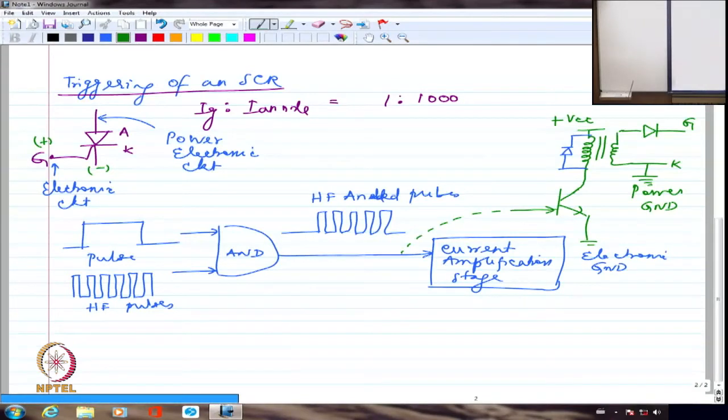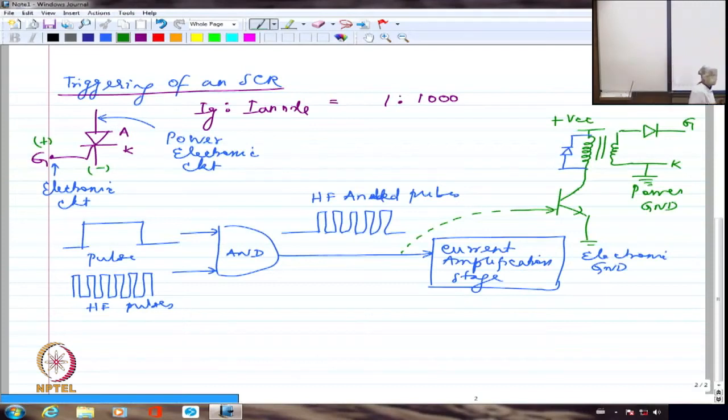And at what point really the alternating current goes from the positive half cycle to negative half cycle, or negative half cycle to positive half cycle, we may not be sure. So we want to make sure that we give it ample chance for conduction. That's the reason why we will repeatedly give the pulses, so that we give it ample chance to get into conduction. Right? So SCRs, if I look at, triggering is pretty simple.